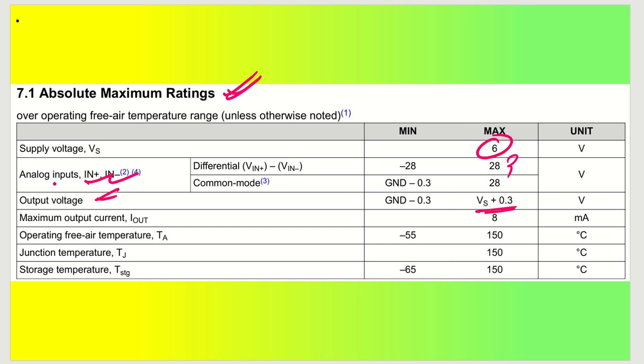Okay, so Vs is 6 volts, so 6.3 it can give you at maximum. We have a maximum output current of 8 milliamperes. So you have to understand that if more than 8 milliamperes is needed, then you have to add amplification again at the output of the current sense amplifier. Okay, but that is never the case. And we have an operating temperature from minus 55 degrees centigrade to 150 degrees centigrade.